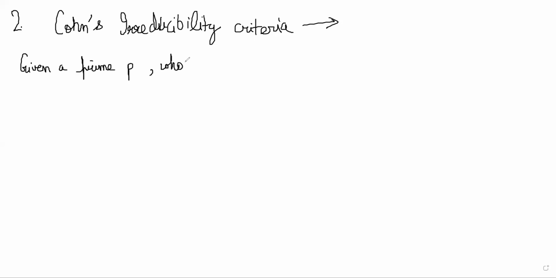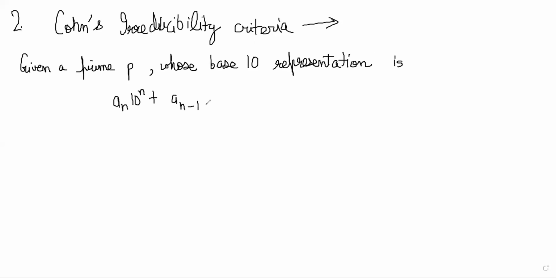whose base 10 representation is a_n 10^n plus a_(n-1) 10^(n-1) plus so on plus a_1 10^1 plus a_0 10^0, right?